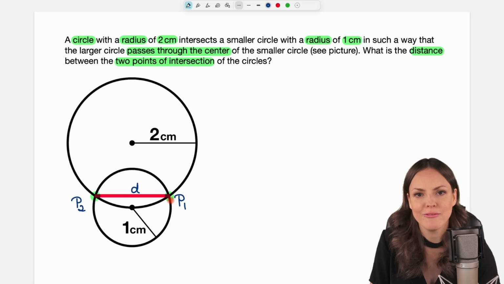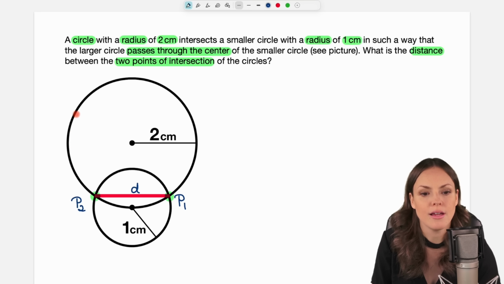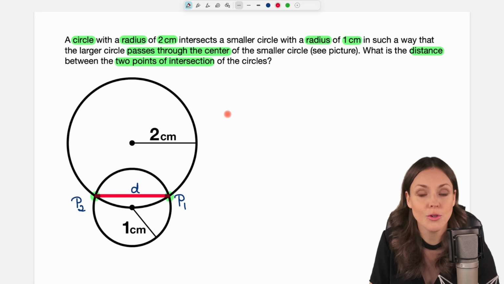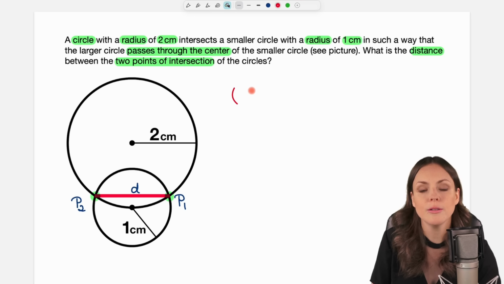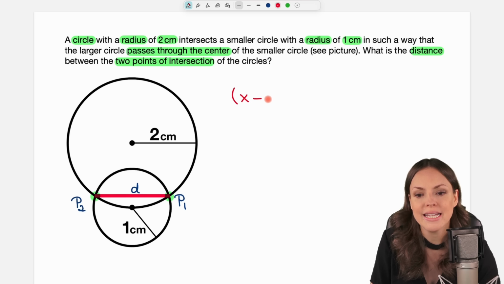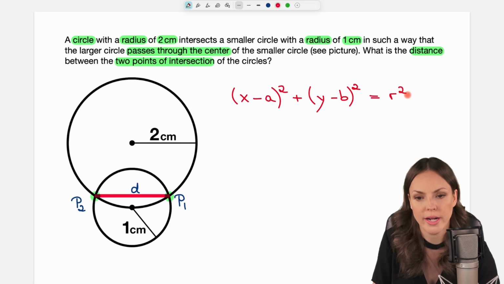So how can we find the intersection points of 2 circles? We can use the equations of these circles for this, because there is a formula to find the equation of a circle. In general, the formula looks like this: (x - a)² + (y - b)² = r².